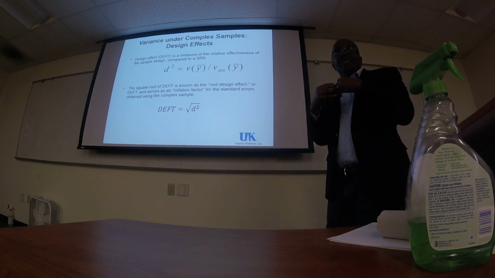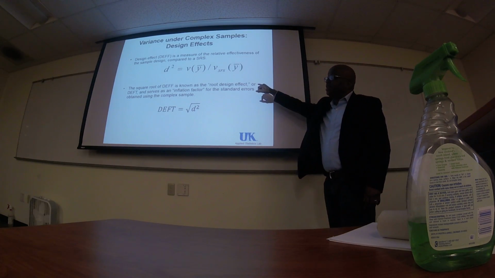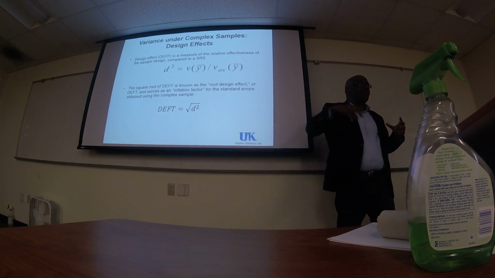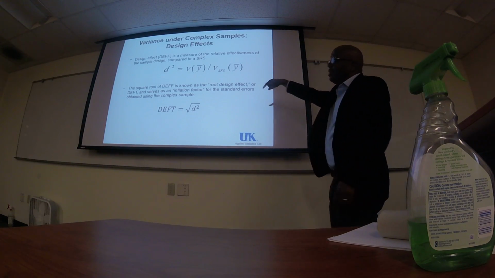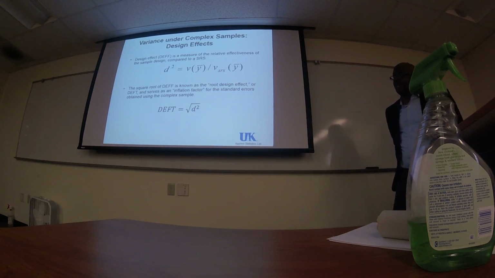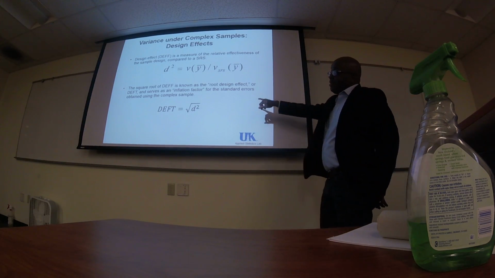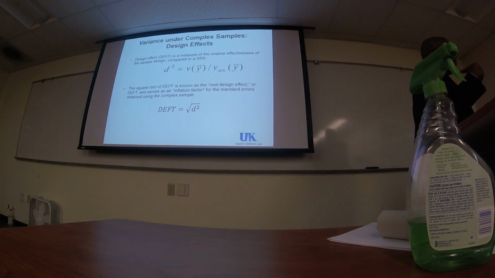Then we compare what the variance will be with simple random sampling to the variance in the complex sample. And we expect the difference between them will be the design effect. We call it the design effect. The square root of the design effect is what we call an inflation factor.